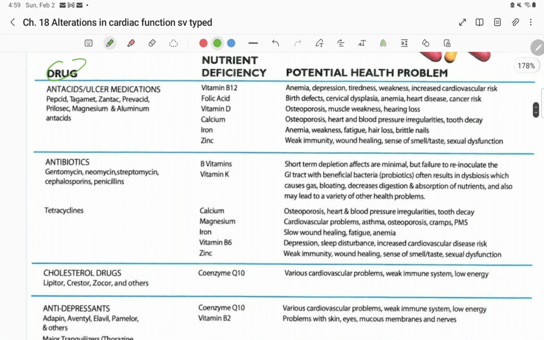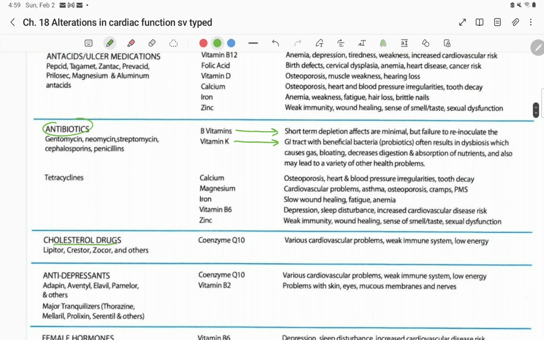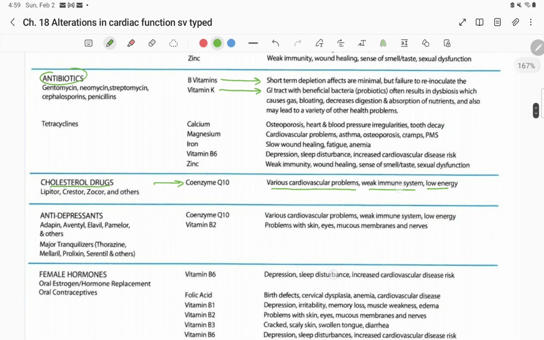If they are on antibiotics, here are your nutritional deficiencies: your B vitamins, vitamin K, and what that does to your gastrointestinal tract. A different cholesterol medication inhibits CoQ10, which causes various cardiovascular problems, weakens your immune system, and causes low energy. We're not going to have time to get into every single one of these, but this is here for you.